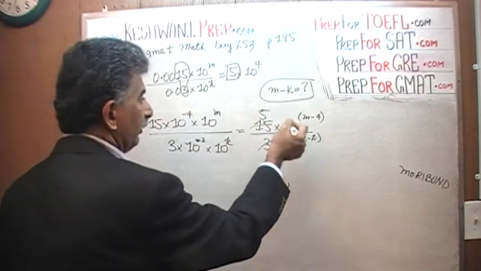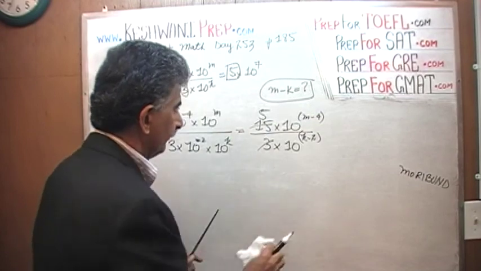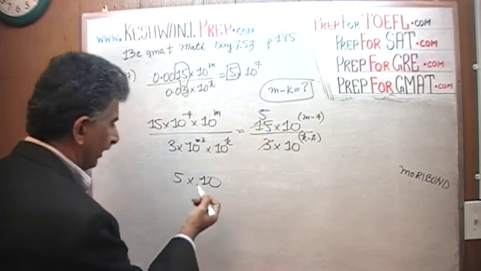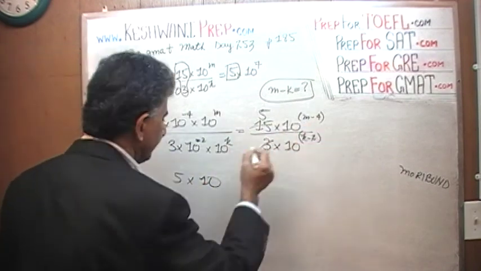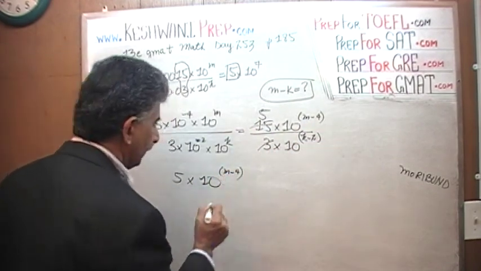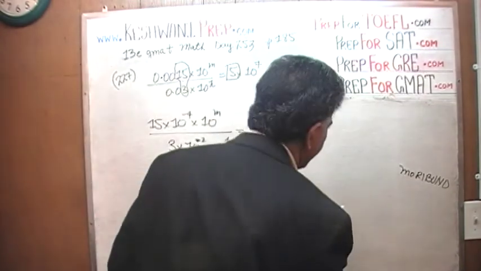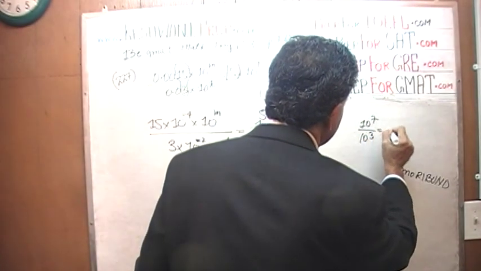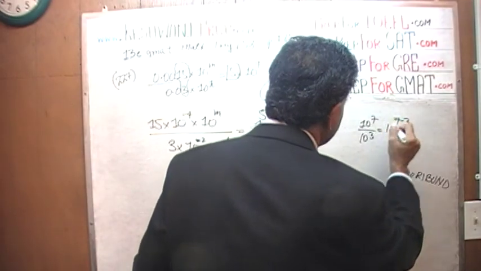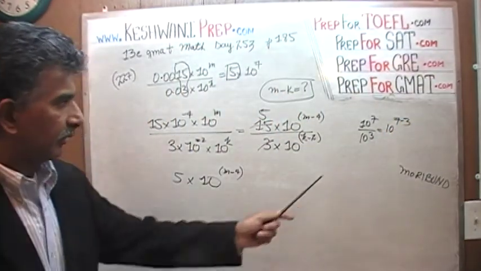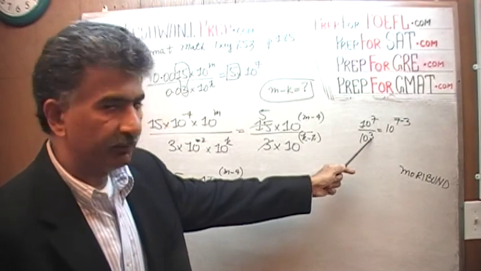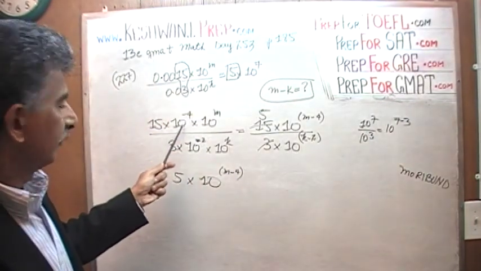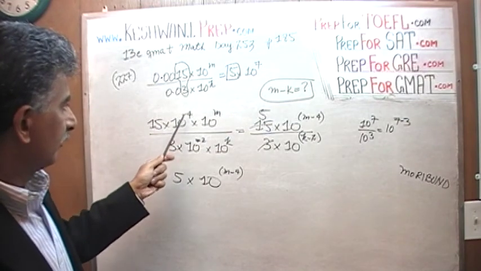Question is, what do we do with this mess here? Well, now what we have is 5 times 10 raised to m minus 4 over 10 raised to k minus 2. For example, if we had 10 raised to 7 over 10 raised to 3, this is the same as 10 raised to 7 minus 3. You take the bottom exponent and it becomes negative, just like we did before when we divided by 10,000 and the bottom one became negative 4.